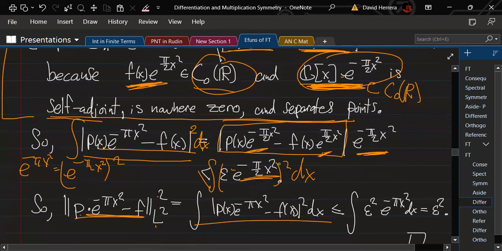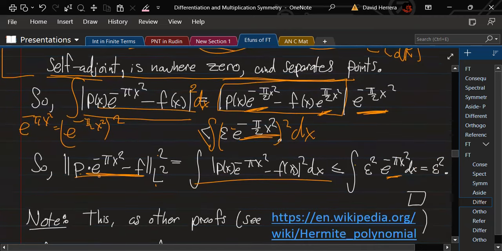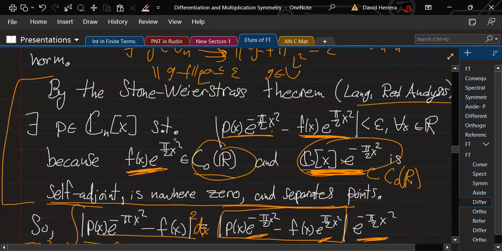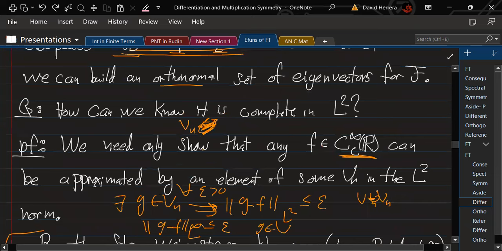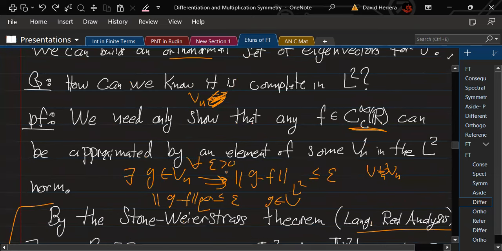And then when I square this Gaussian here with the half, I just get the original Gaussian that I had earlier. And then the integral of this Gaussian is just 1, so I just get epsilon squared. So what I proved was that this thing squared is less than or equal to epsilon squared, which is exactly what I wanted, which is right here, basically. Or sorry, not that. The L2 norm one, which was somewhere. This one. Okay.